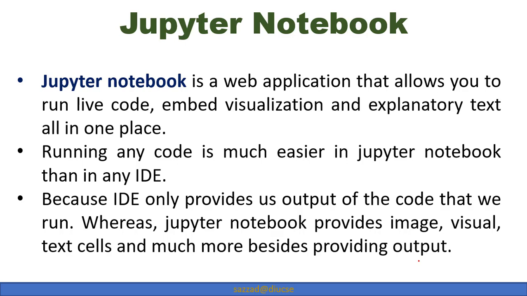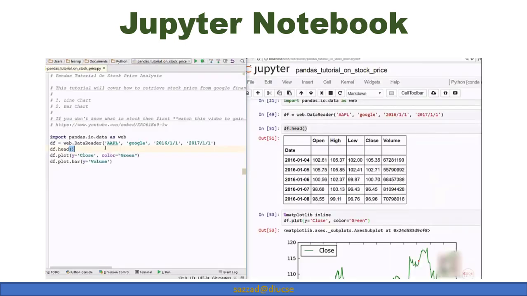This can be easily understood from an image. Let us see an image. From this image you can see a Python IDE and here you can see the Jupyter Notebook. We have written the same code in the IDE and in Jupyter Notebook, but you can see the Python IDE only provides us the output.